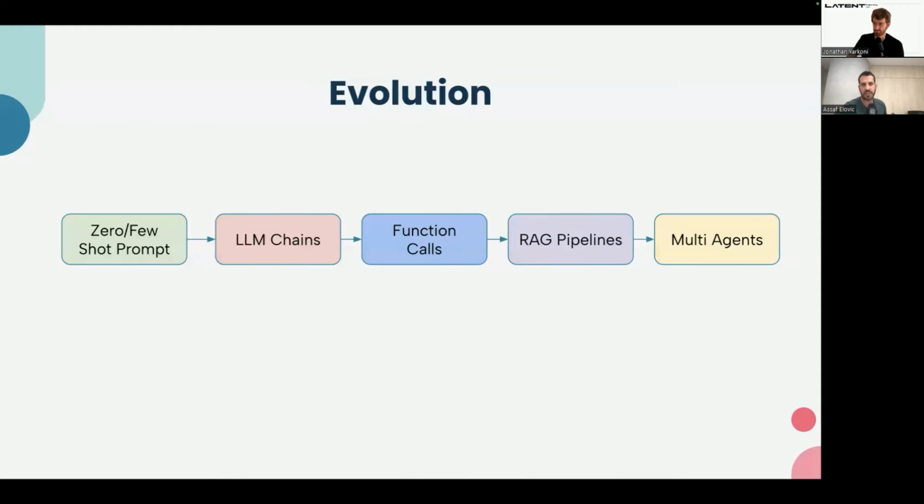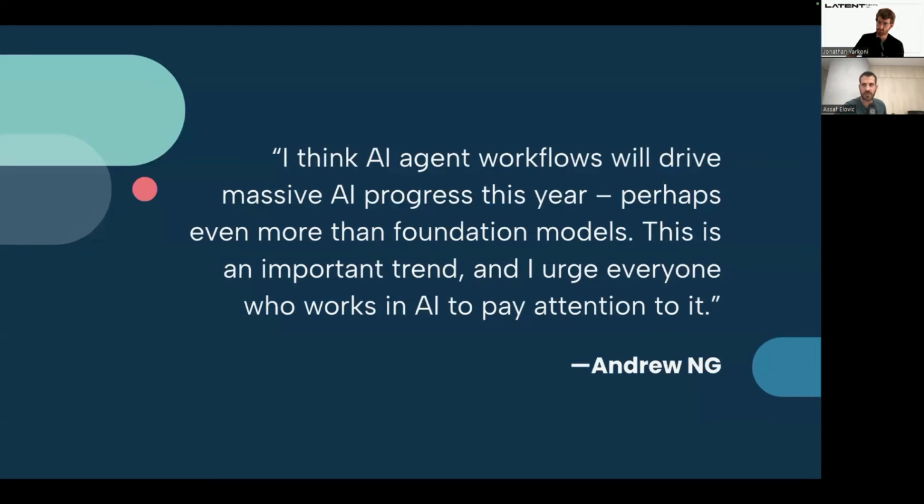If you don't believe me, then believe Andrew Ng, who was recently quoted that he believes that AI workflows will drive massive AI progress this year. And if it's not enough for me to urge you, then also Andrew Ng urges you to work in AI. And if you work in AI, please pay attention to it.